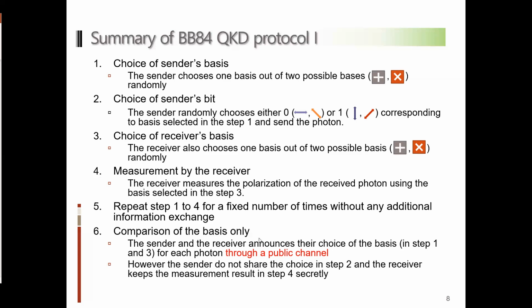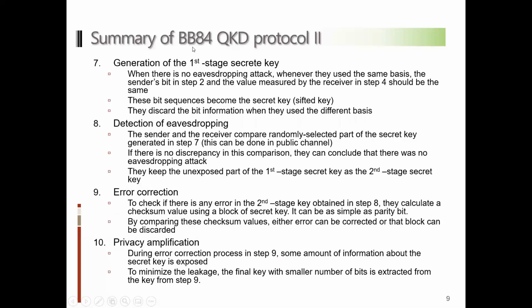But this is not the end, because what they have to do is detect whether there has been any eavesdropping attack. Based on the comparison of the bases, they first generate the first-stage secret key, which is called the shifted key.